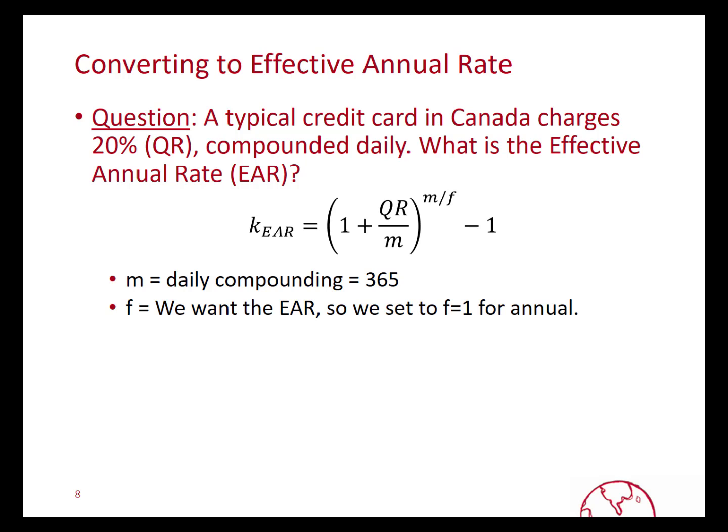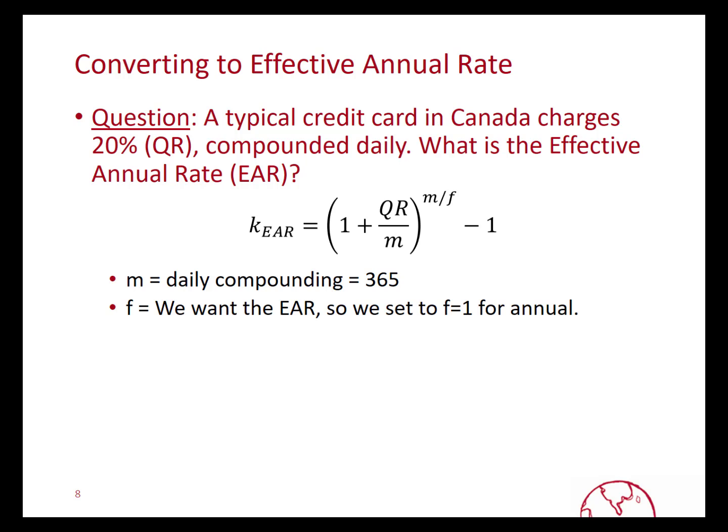Let's try using it. A typical credit card in Canada charges you a quoted rate of 20% per year, but it is compounded daily. So what would be the effective annual rate? Now here you can see we're using K with the subscript EAR. This is not how they refer to it in the book. In the book it's a little confusing, because you don't know which effective rate you're looking for.